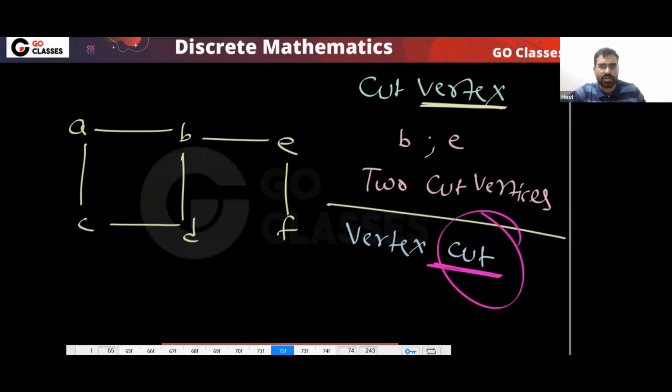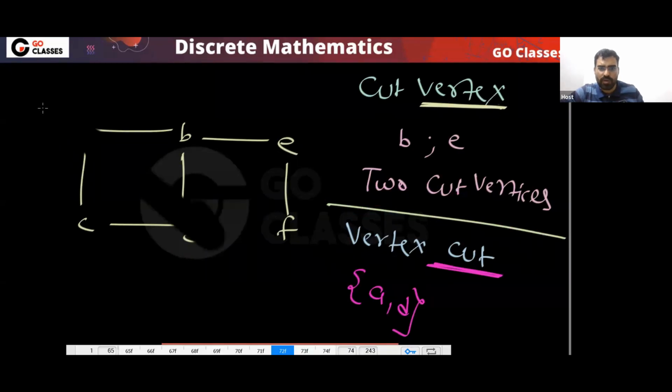Vertex cut means the focus is on the cut. A vertex cut is a set of vertices whose removal will disconnect the graph. For example, this set of vertices, A, D.